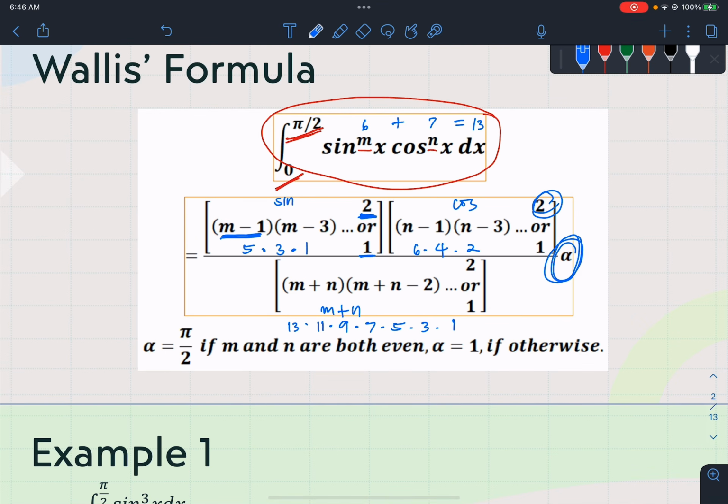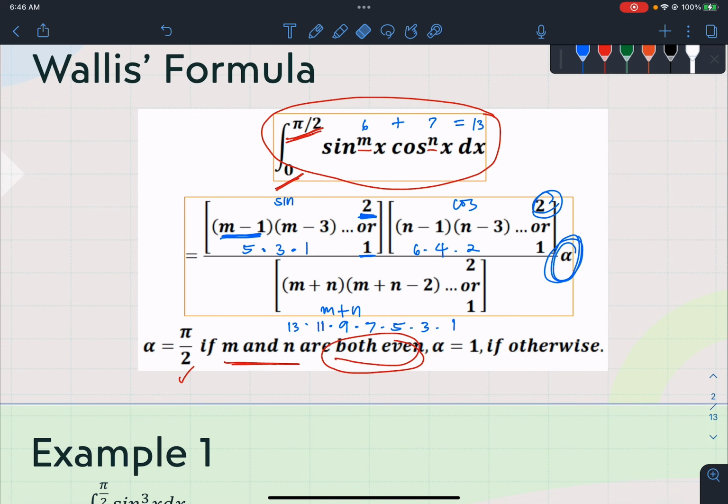And the last thing that we need to recall is alpha. Okay? So take note of this, that when m and n are both even, that's the time that we multiply it by pi all over 2. Okay, so if both are even, otherwise it is 1.